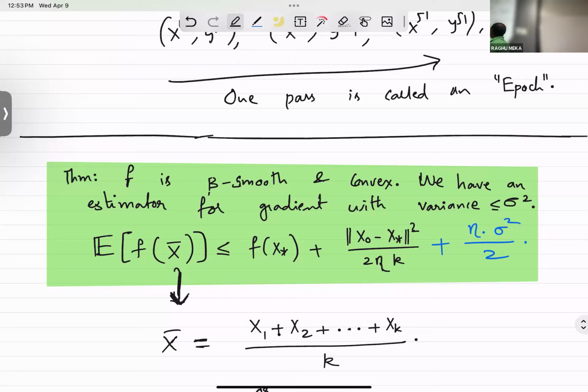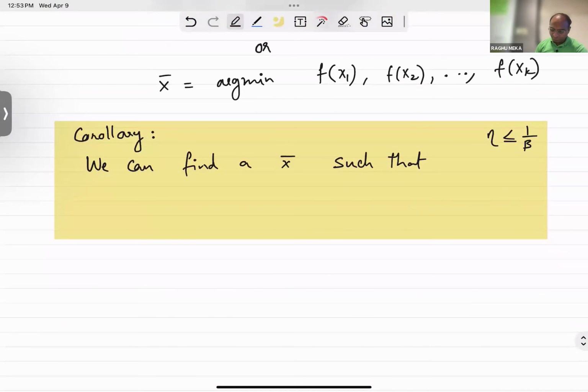So to balance it, you set the two to be equal, then you get eta squared equals something. So eta should be like 1 over root k. So you end up with the following guarantee.